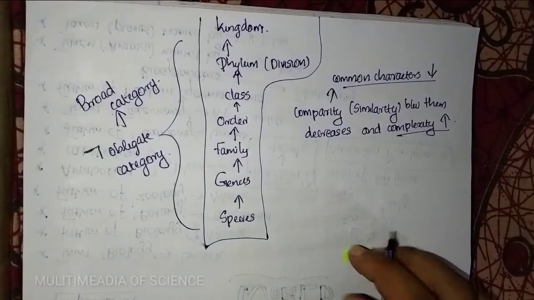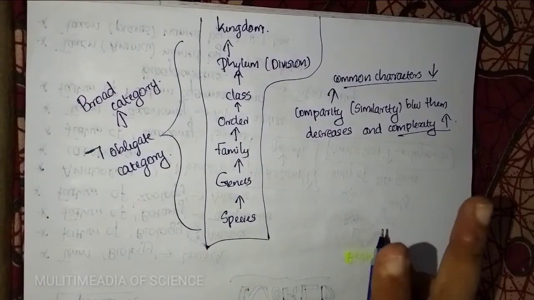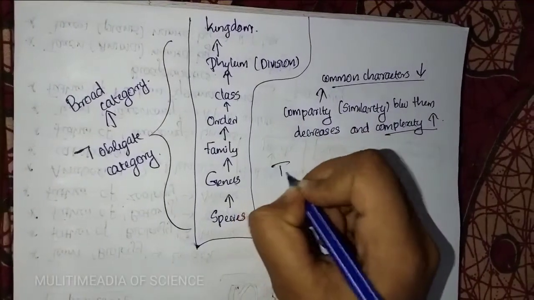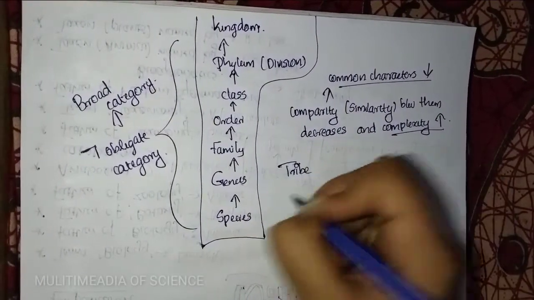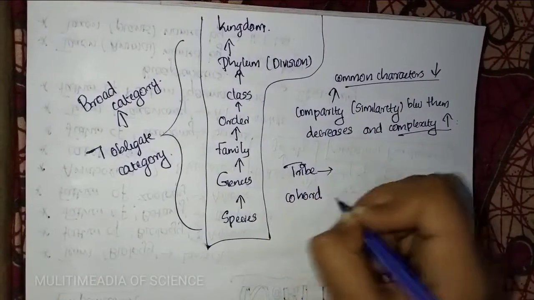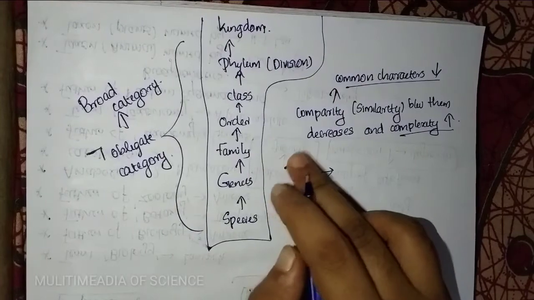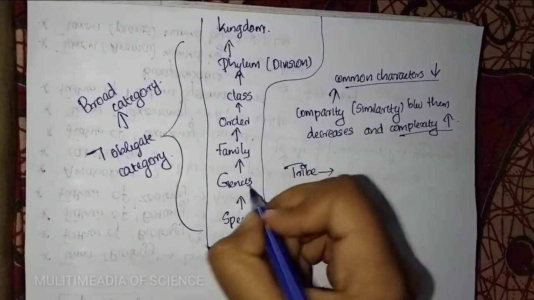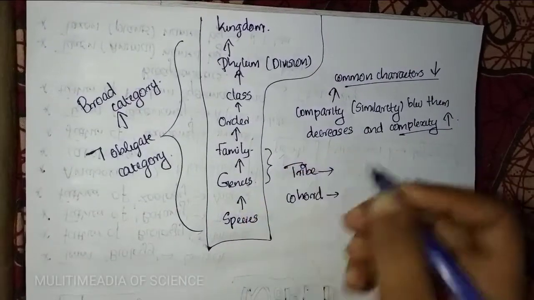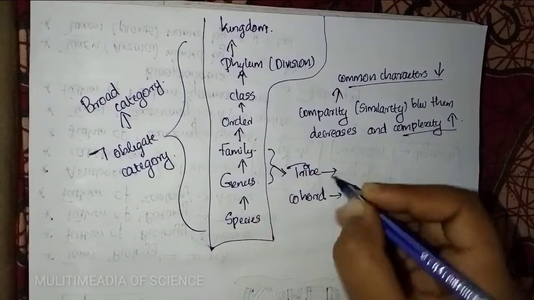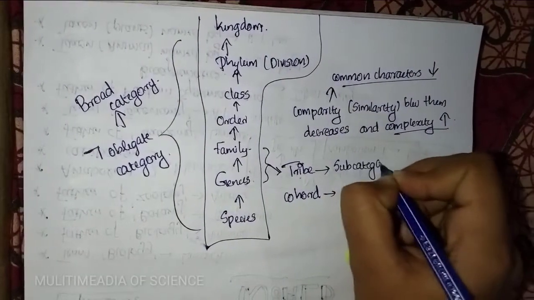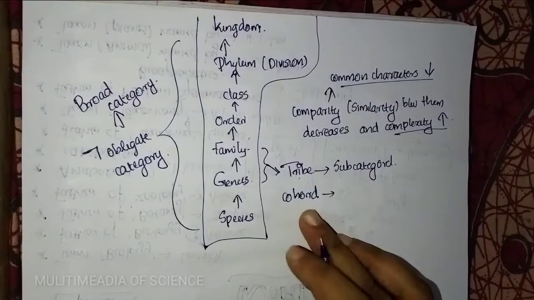Then there are 2 intermediate categories which are not mentioned in the text. It is important: tribe and cohort. These are subcategories, and tribe is the subcategory between genus and family.